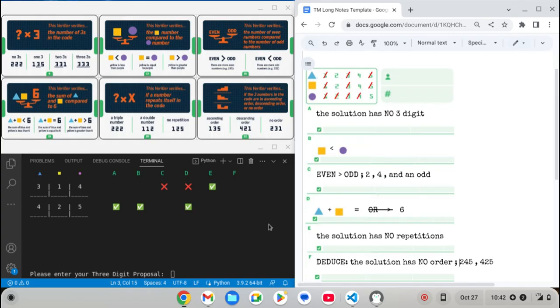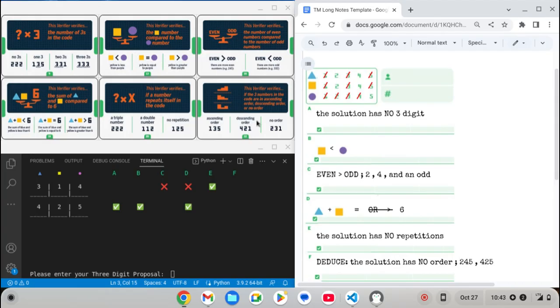Okay. So it's because of the way criteria card B and criteria card F interact that we are able to eliminate the possibility of the three-digit solution being ascending or descending, because that would imply certain knowledge about the ordering of square and circle, and we can't have that.